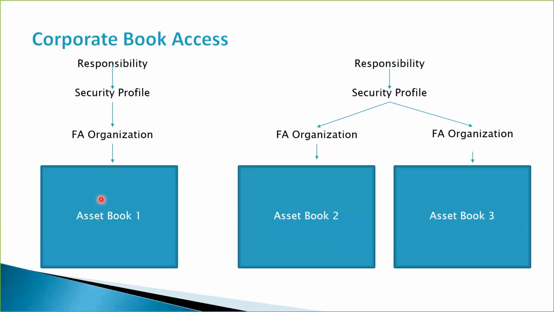So one thing to highlight is that the FA module is not part of the multi-org. It does not use the multi-organizational access concept in terms of securing data, okay?